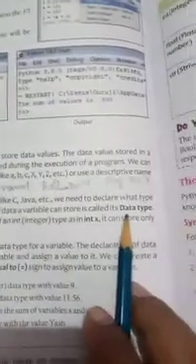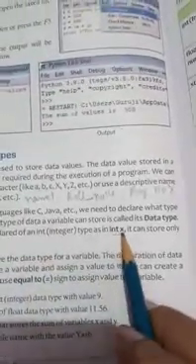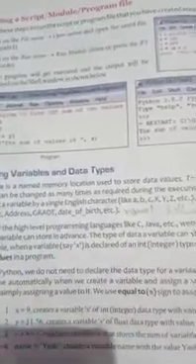Then you have to define that variable's type. So for example, when a variable, say x, is declared as an integer type, as int x, it means x is a variable of integer type and it can store only integer values in a program.